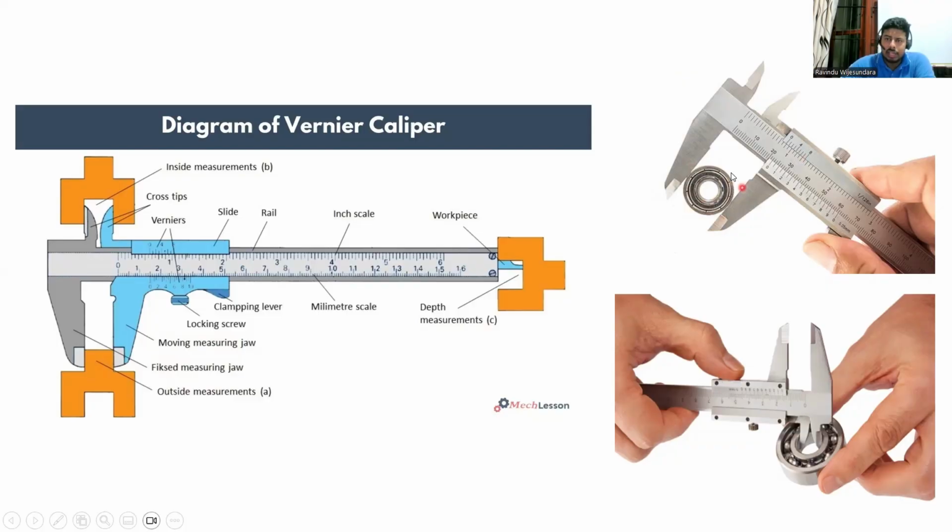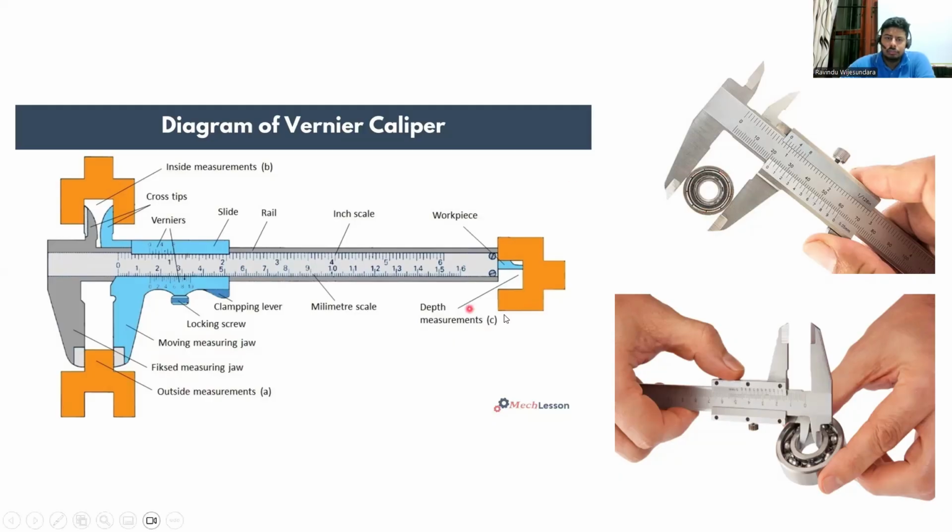So here the external diameter is measured. We can take the external measurements by using the external jaws of the vernier caliper.